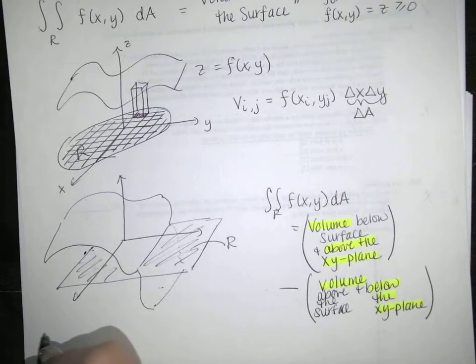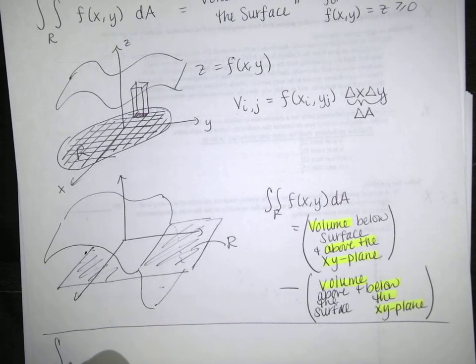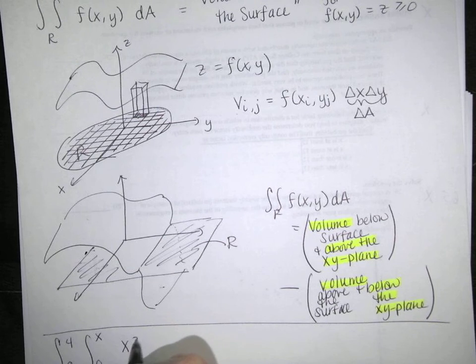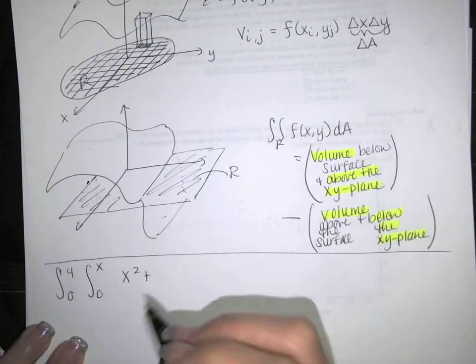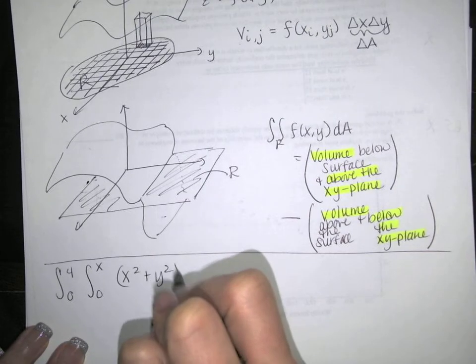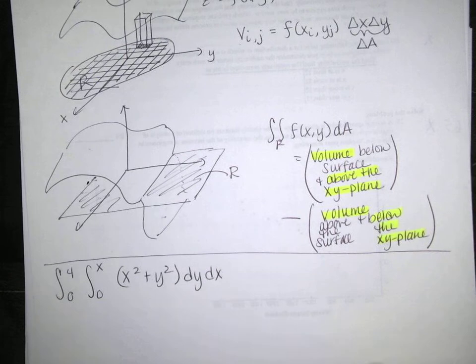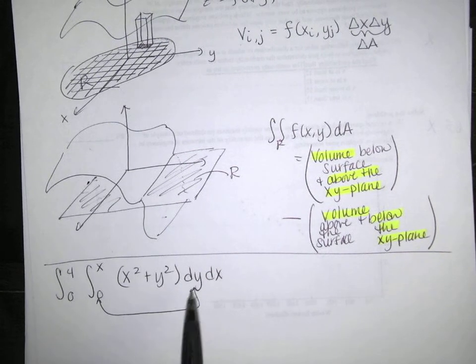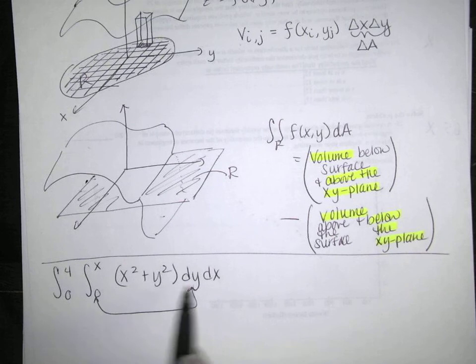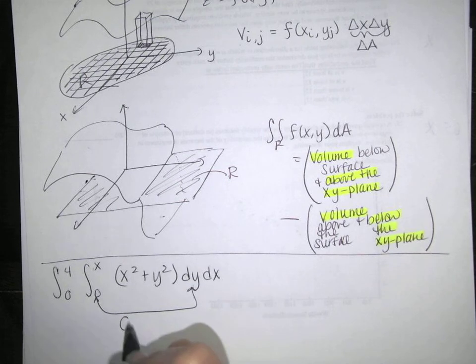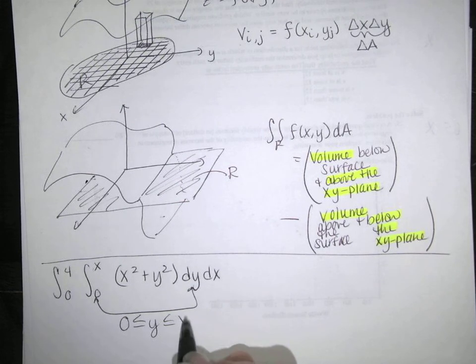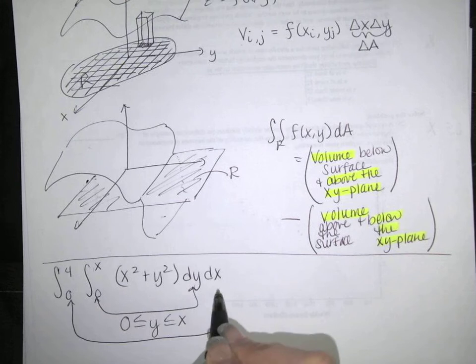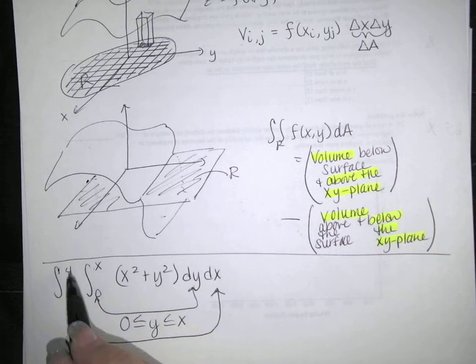For our example, we had the integral from 0 to 4 of the integral from 0 to x of x squared plus y squared dy dx. Well, this tells me these innermost bounds go with the innermost variable. These bounds tell me that y is between 0 and x. And these bounds tell me that x is between 0 and 4.